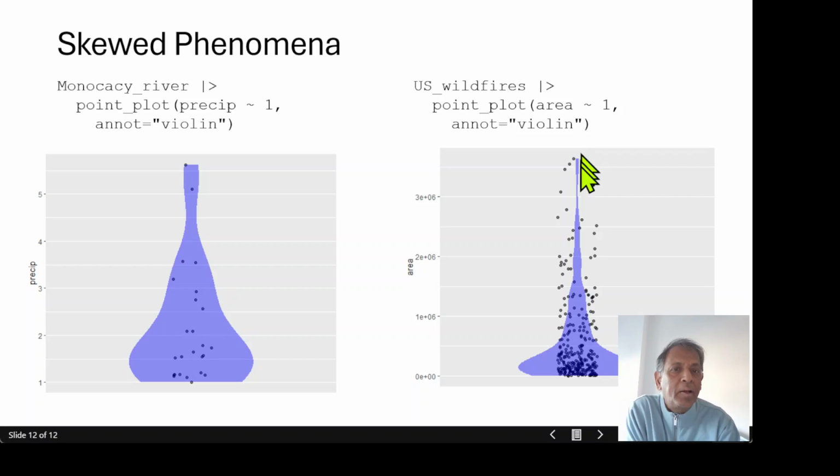It's rare, but it does happen, whereas the bulk is here. So once again, you're seeing two examples of skewed phenomena that happen in the real world. Normal distribution is common and skewed distributions also occur. So that brings us to the end of our discussion of visualizing variability.